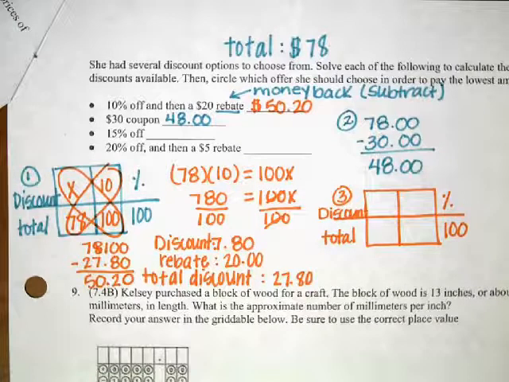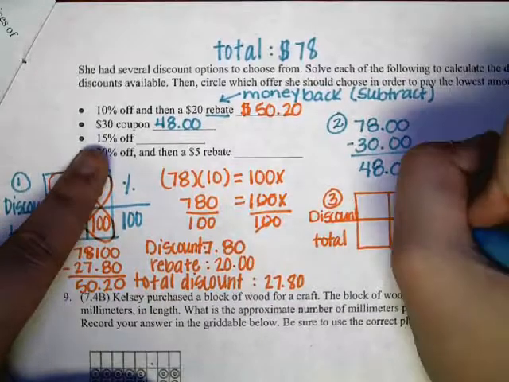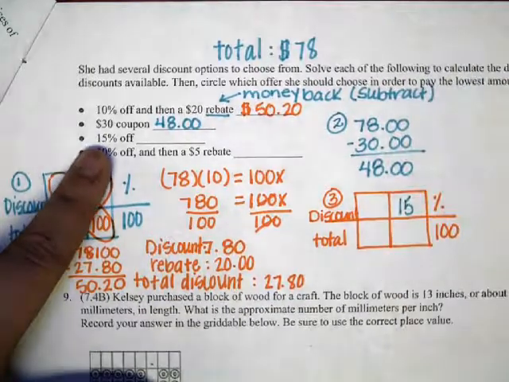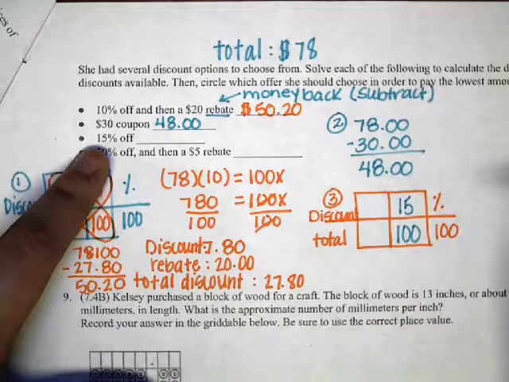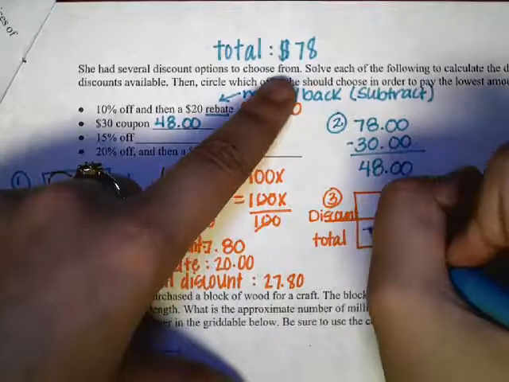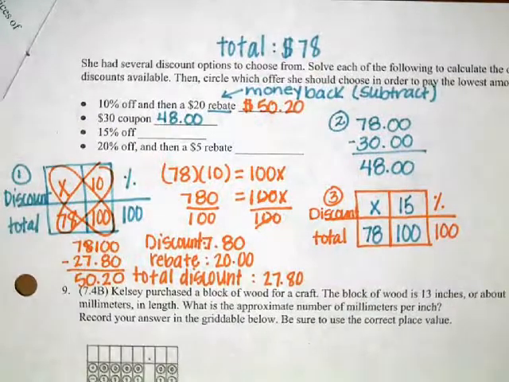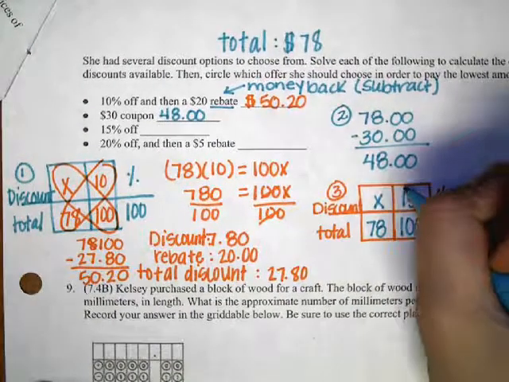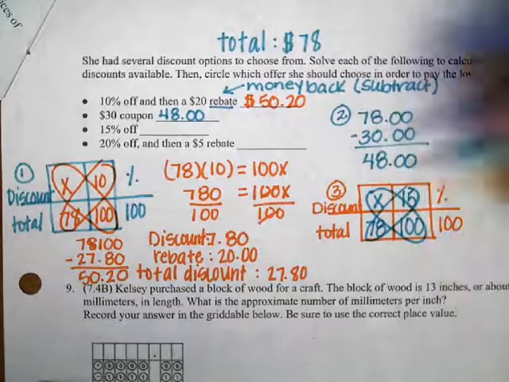All right, we know we're looking for 15%. Percentage is always out of 100. And our total amount is $78. So we're just looking for that discounted amount. We're going to create a cross product and solve for X to find the discounted amount.